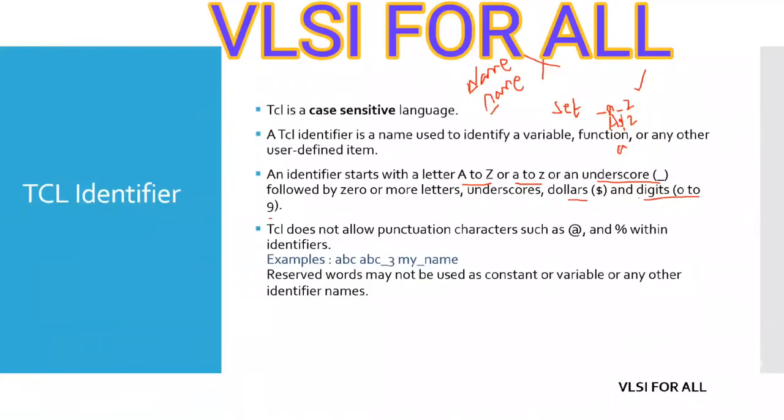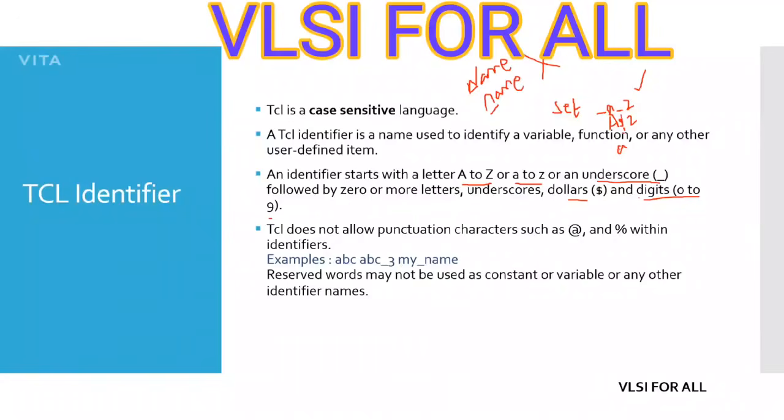Okay? Only letters, caps or small, or underscore can be the first letter of your variable. It can be followed by digits, letters, dollar symbol, and underscore. And a variable can be minimum just one letter, or it can be n number. There is no limitation. Your variable can be as long as you like.